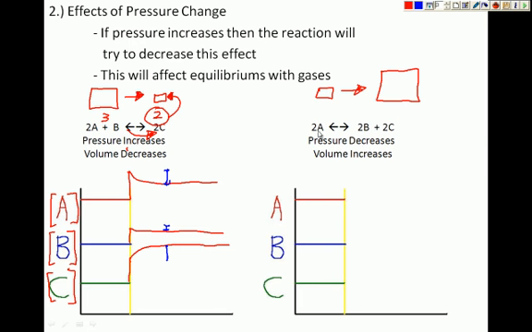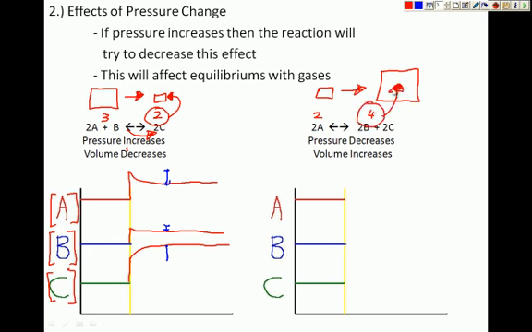What we have here is 2 particles going into 2B plus 2C. So here's 2 particles, and this is 4 particles. So even though the volume is increasing, we're having a bigger box, and what we can say is big things fit into big boxes.